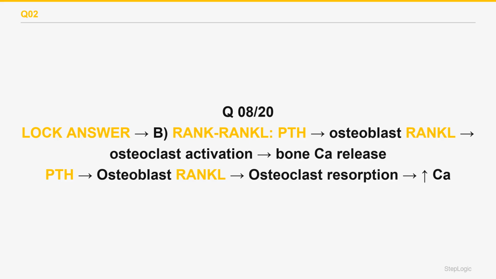Choice D, PTHrP, is made by malignancies, not parathyroid adenomas. The question distinguishes primary hyperparathyroidism, intact PTH elevated, from humoral hypercalcemia of malignancy, PTH suppressed, PTHrP elevated.